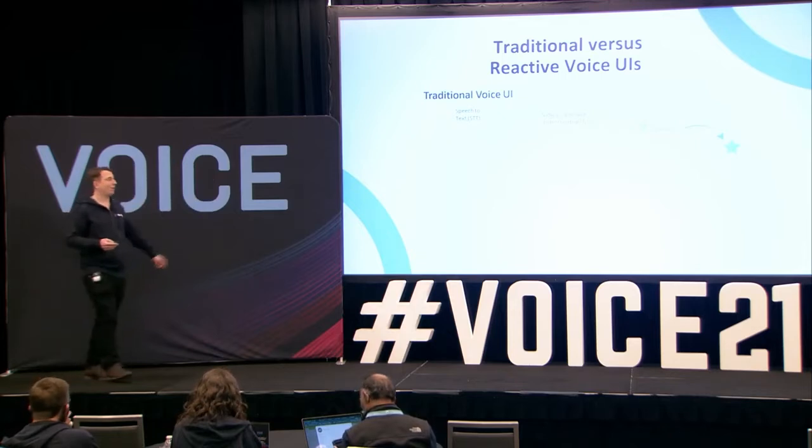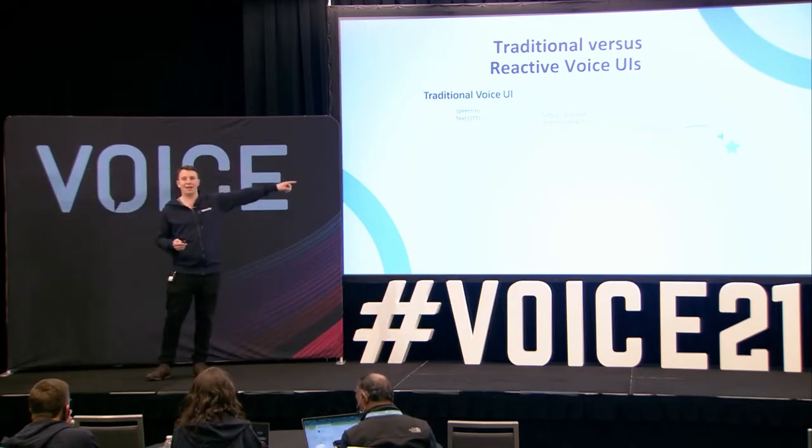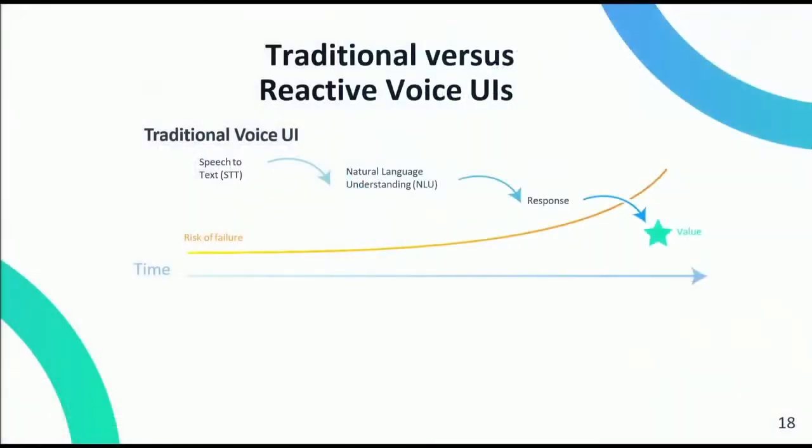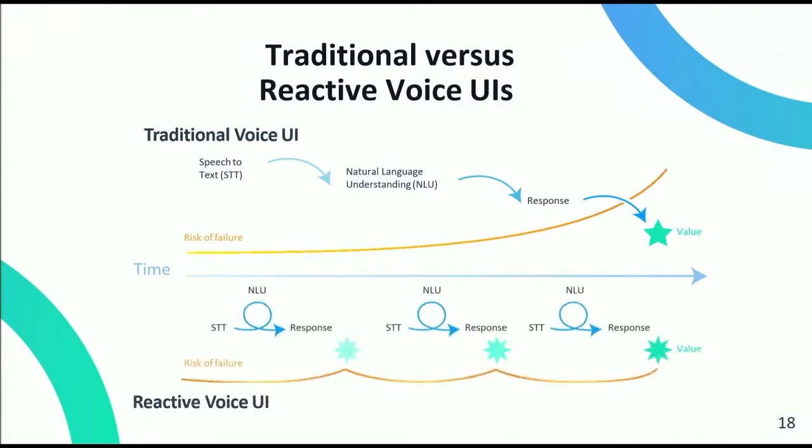That means all the errors along the way are silently accumulated and only surface at the very end. By then it's already impossible, or extremely hard and late, to recover from these errors. Now, with reactive voice UIs and spoken language understanding, the user's speech is interpreted in real time.